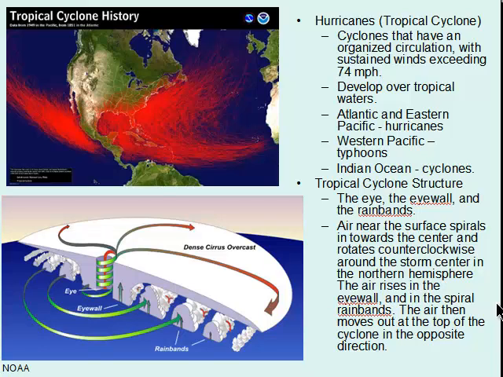Around that storm center, that air is rising in that eye wall, so we end up with lots and lots of precip in the eye wall. In the very center, we have air sinking, producing that clear spot in the very middle. And then we have these alternating bands as you move outwards. So we see pretty massive cloud cover with these cyclones.